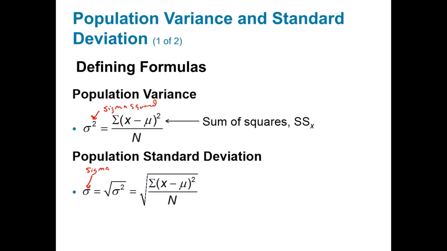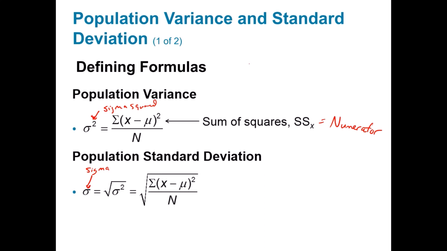This data value minus mean we call the deviation. And we're going to square those and then add them up. That's going to give us what we call the sum of squares. So your numerator for the variance formula is always the sum of squares.